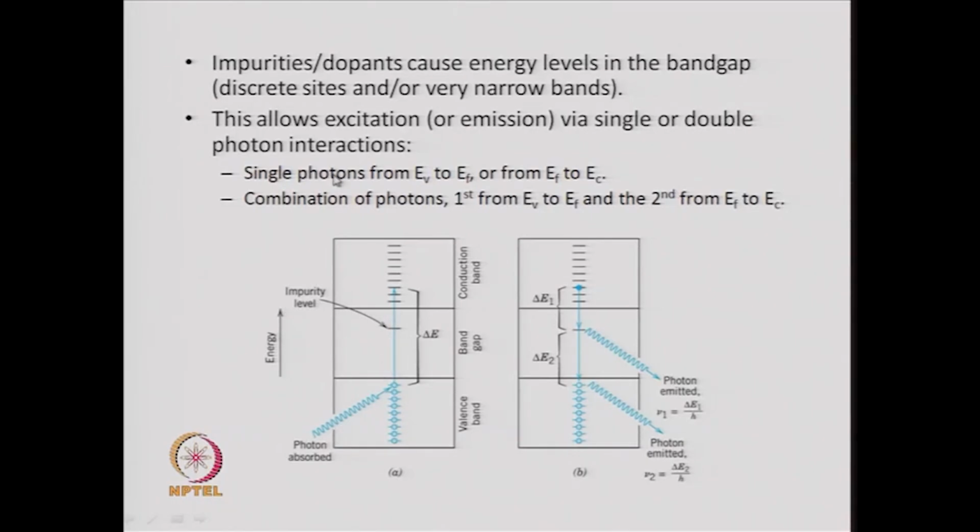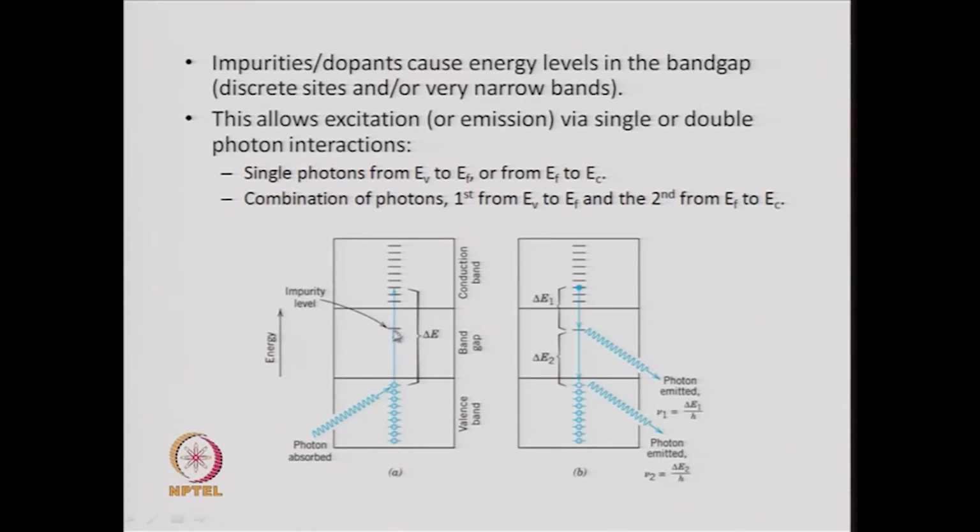But if you can design your material such that you choose an impurity or a dopant such that you introduce the energy level of the impurity in between the conduction band and the valence band, then you can access this energy level.